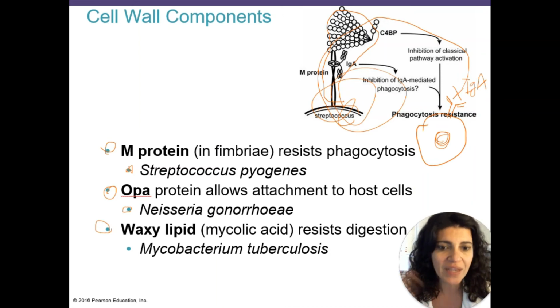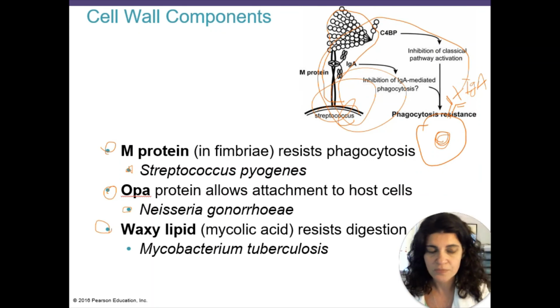But even if the cell gets phagocytosed, mycolic acid stops the formation of the phagolysosome, which is the phagosome fusing with the lysosomes inside the cell so the content can be digested. Meaning Mycobacterium gets phagocytosed, but because of the mycolic acid around the cell wall, the phagocyte cannot digest or kill the bacteria. And they live inside the phagocyte, that's their little house.